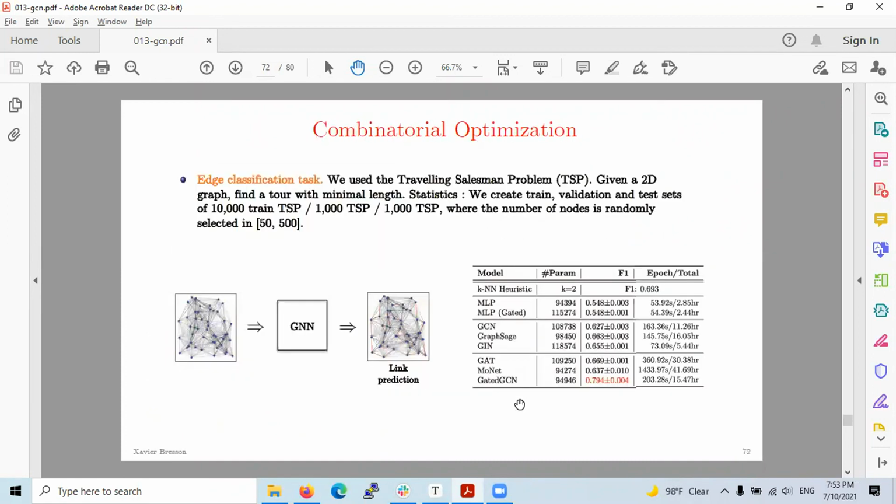So these are various kinds of problems to which graphs have been applied, and if you notice, they have performed very well compared to the traditional MLPs and the KNN heuristic. But I would be really interested to see more, because TSP is a very well-studied problem.